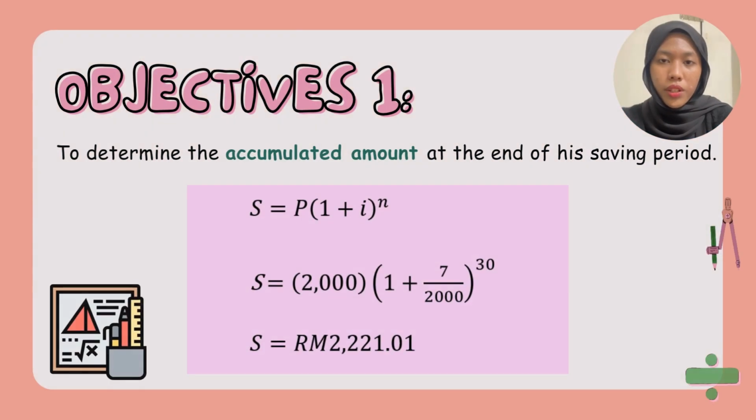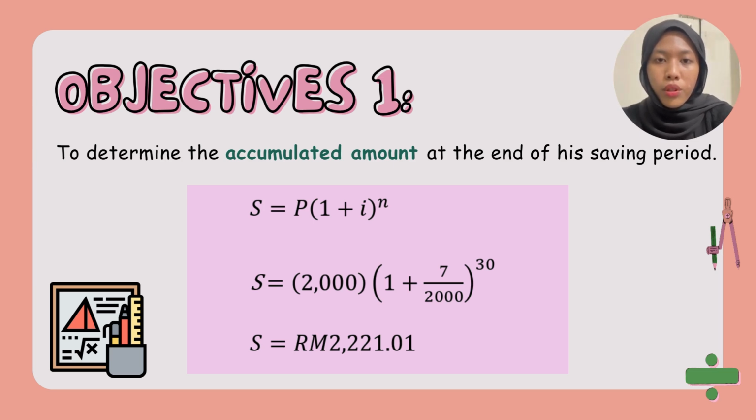Objective 1 is to determine the accumulated amount at the end of his saving period. To do this, we use the formula S equals P times (1 plus i) to the power of n. Now, we substitute the values into the formula: S equals 2000 times (1 plus 7 over 2000) to the power of 30.